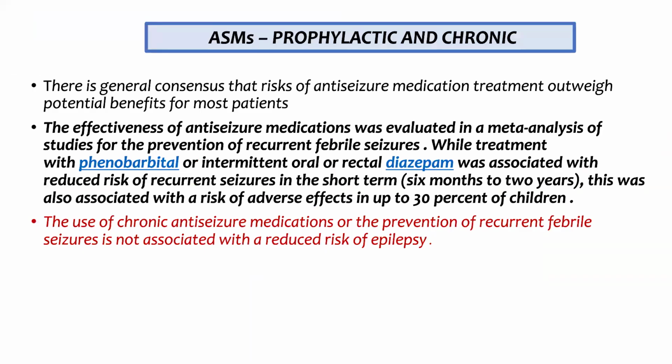And coming to before, this was a major talk wherein previously they used to do oral or rectal diazepam, which is not warranted anymore, or we don't use any other prolonged anti-seizure medications like phenobarbital, which is not recommended.